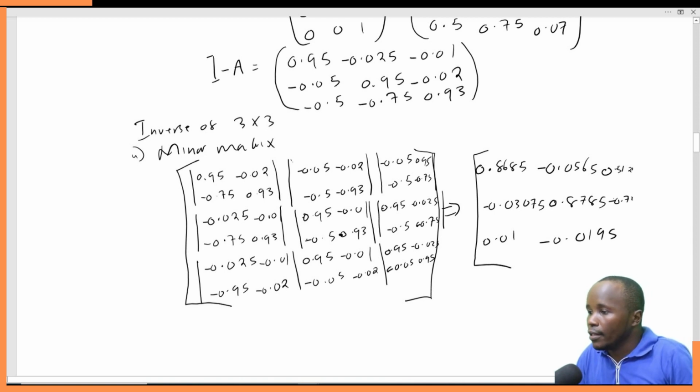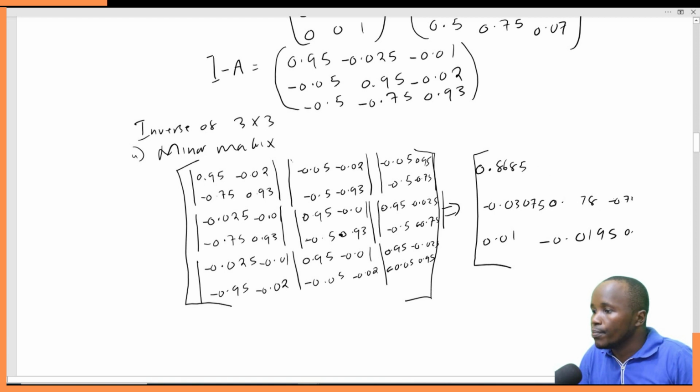And then the last one is 0.9. Let me reduce this space here so that it becomes clear on what I'm doing.